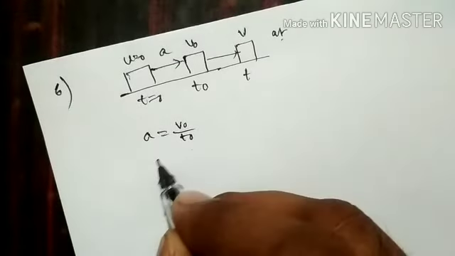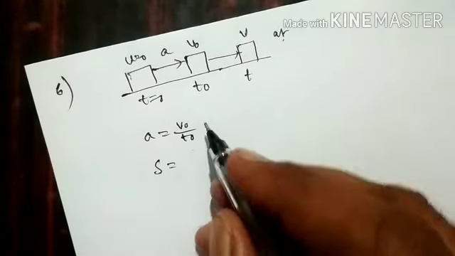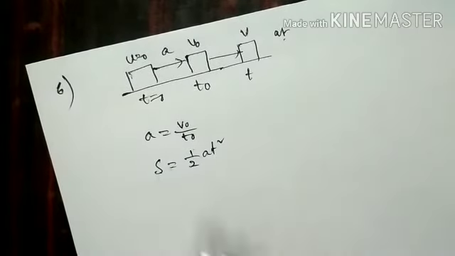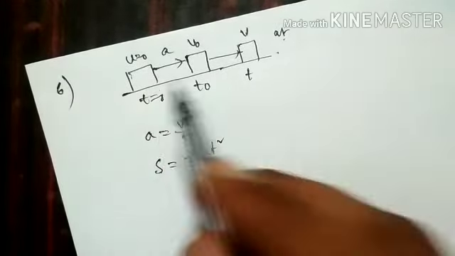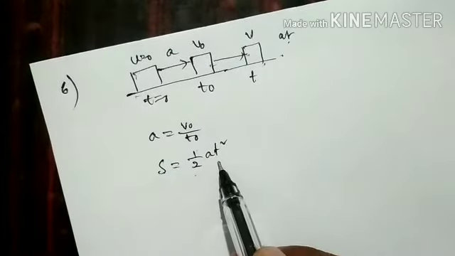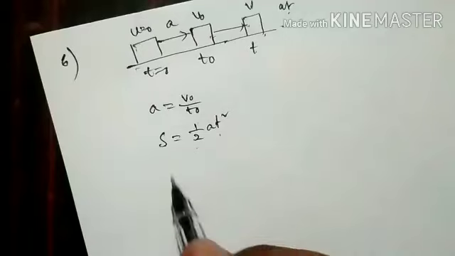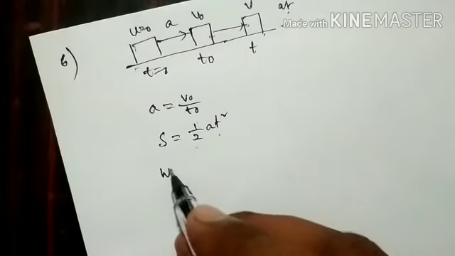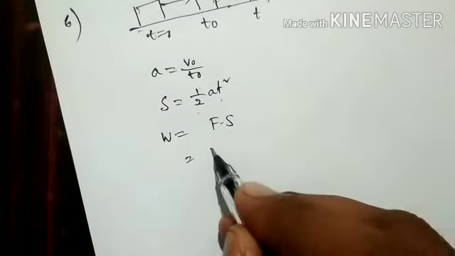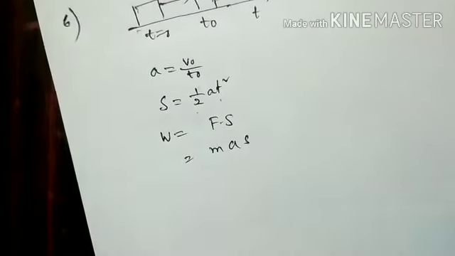And what is the displacement of the body? Displacement is equal to half of at square. Within a total time of t seconds, the displacement S is equal to half at square. Now work done is equal to force into displacement, which is m into a into s.